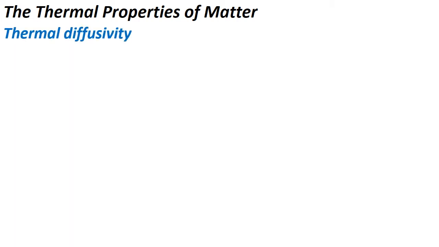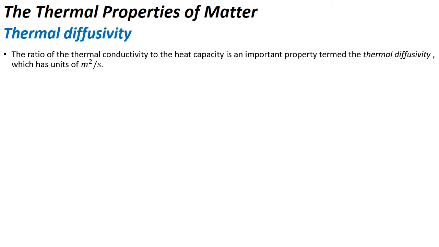The second property which we are going to discuss is thermal diffusivity, and it is the ratio of thermal conductivity to the heat capacity. It has unit of meter square per second, and it can be represented as alpha equals K over rho Cp, where K is the thermal conductivity, rho is the density, and Cp is the specific heat capacity at constant pressure.